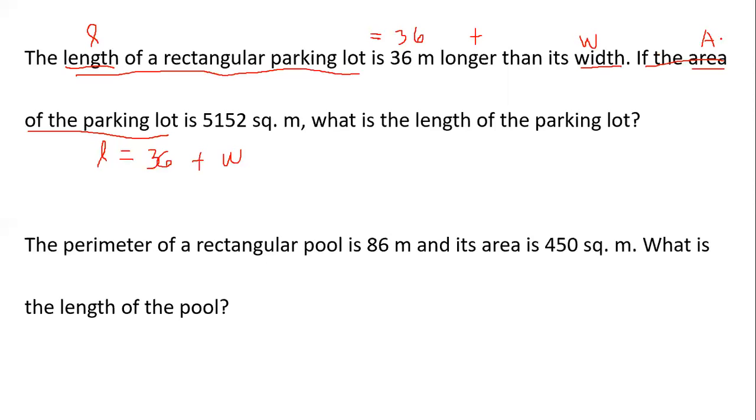So therefore, we will only be using A to represent that whole phrase because yun po yung dinidescribe. Is, another is, so that is equal sign, 5,152 square meters.